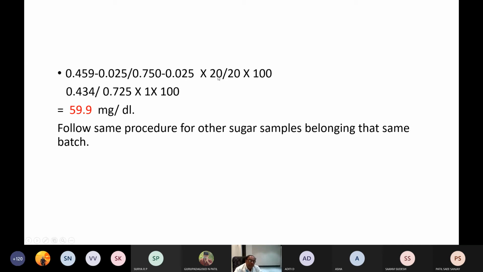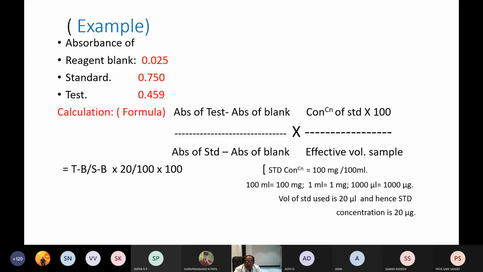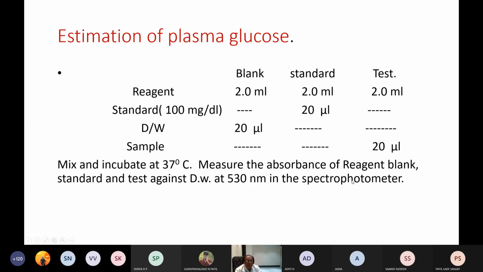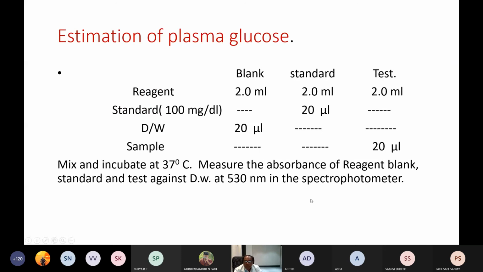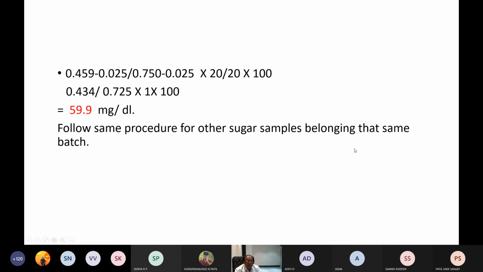The concentration of the standard is only 20 microgram, and the effective volume of the sample, that is how much you added? 20 microliter. So the calculation goes this way, 20 by 20. So they nullify each other.